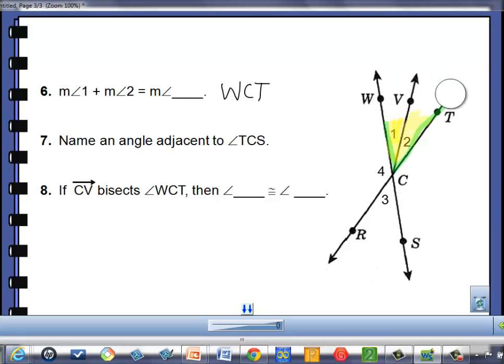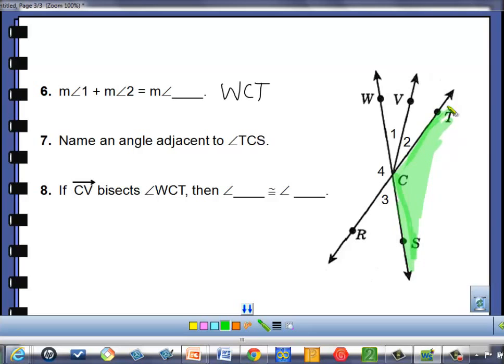All right, the next question, adjacent. Remember, adjacent means right next to. So if I want an angle that's adjacent to angle TCS, here's TCS right here. So if I shade it in to give myself a visual, it's this big angle, this obtuse angle right here.